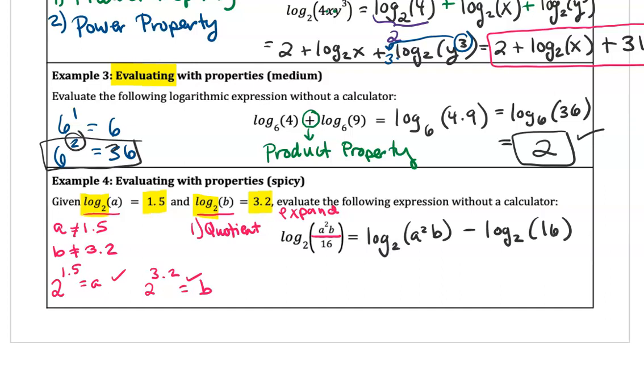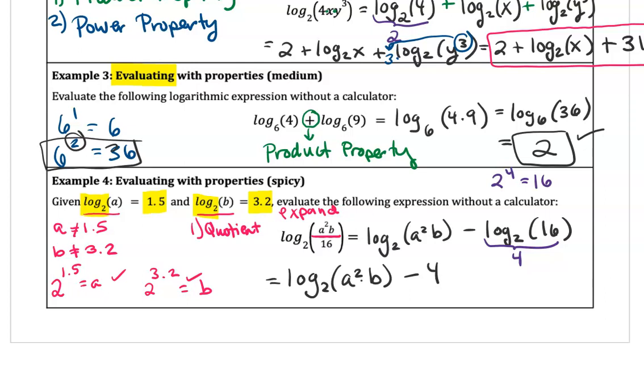And then I'm going to notice that I can evaluate the log base 2 of 16. That would just be 4, since 2 to the power of 4 is 16. This log would be 4. So then I get log base 2 of a squared times b minus 4. So part of my answer has been evaluated. I just need to figure out this part.